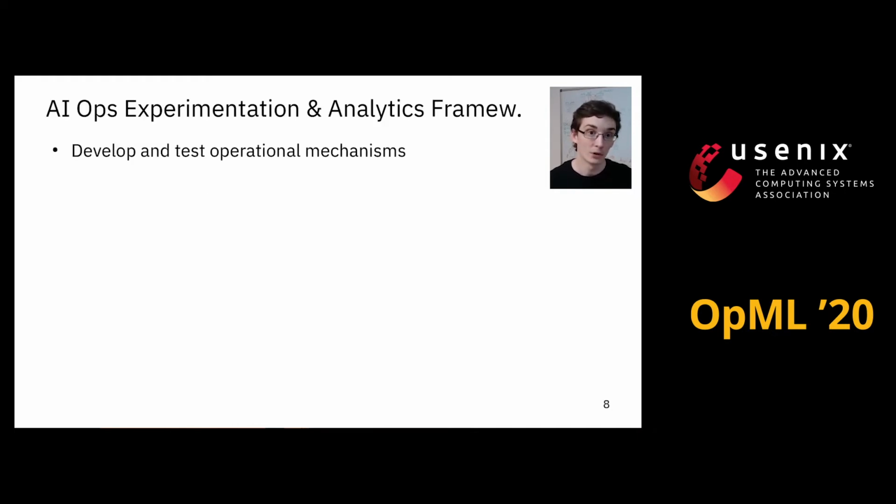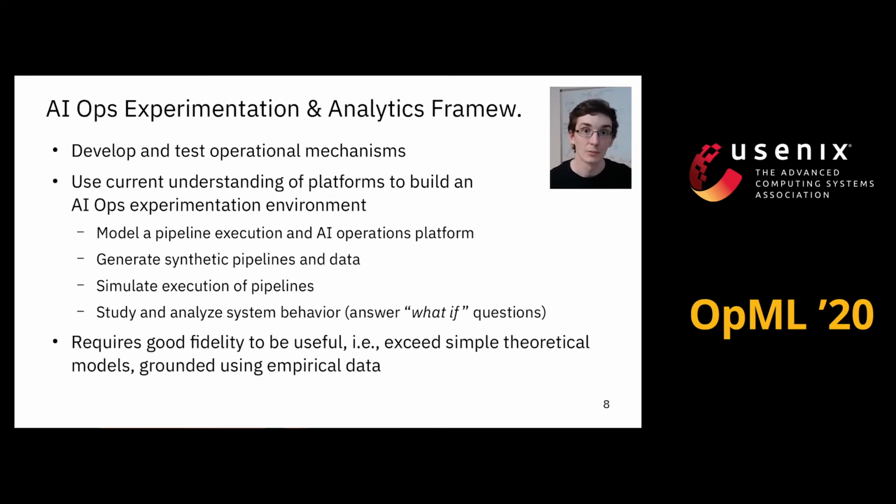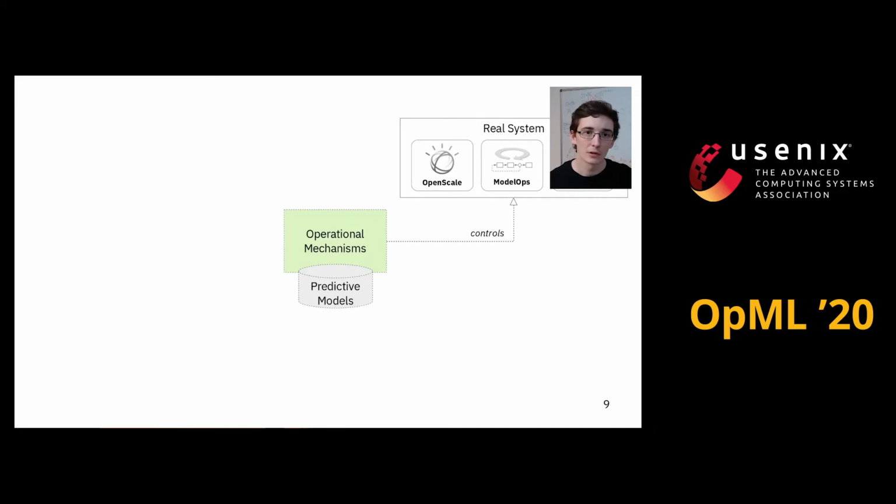By modeling the pipeline execution, generating synthetic data and pipelines for a simulator, and using this to study the system behavior. And this really requires a good fidelity, trace-driven simulation. So our ultimate goal was to develop operational mechanisms that orchestrate pipeline executions on our platform's components.